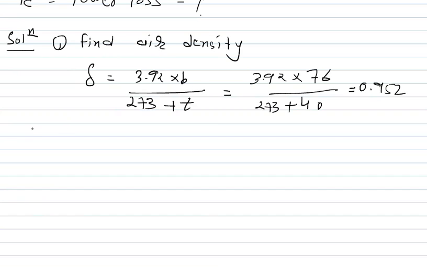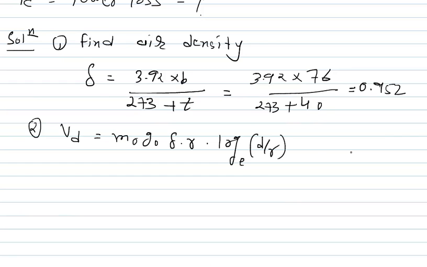Then the second step, that is VD. So what is VD? VD is M0, G0, then delta into R into log D by R base E, and the answer is kilovolt per phase value, and it is the RMS value.